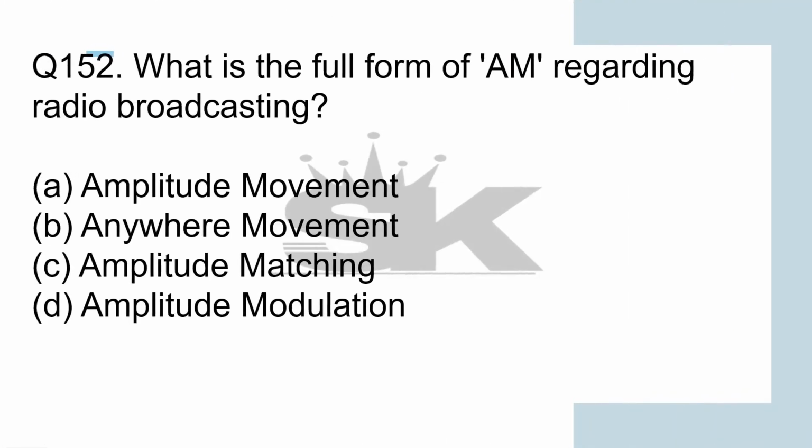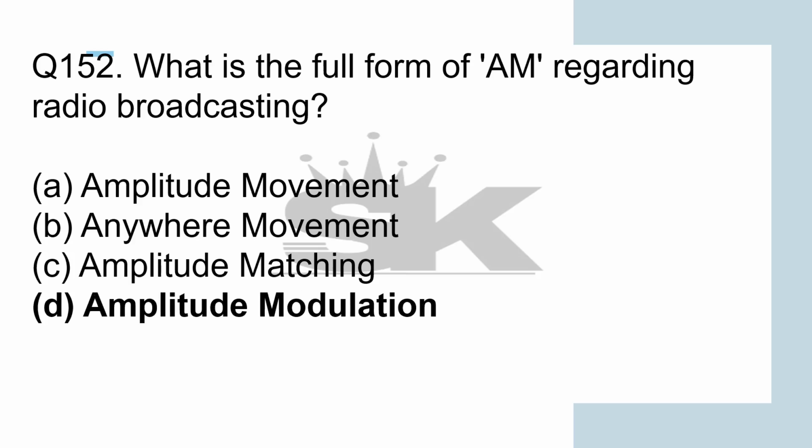What is the full form of AM regarding radio broadcasting? AM full form is amplitude modulation. So the answer is D. AM means amplitude modulation. The explanation is related to electronic communication, most commonly for transmitting information via radio carrier wave.